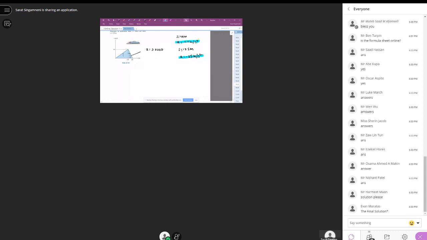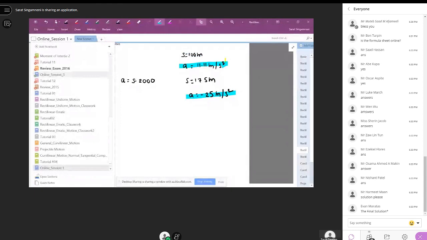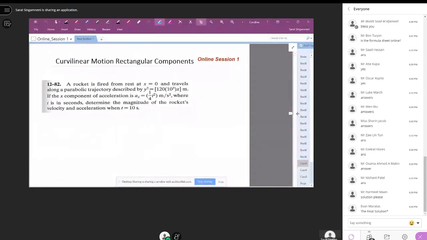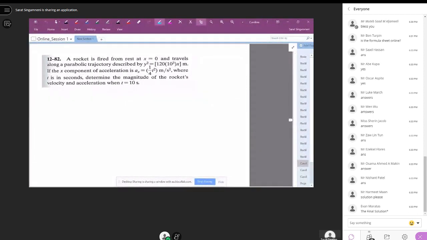Okay, I'm going forward. Let me solve this problem. A rocket is fired from rest at x equal to 0 and travels along a parabolic trajectory described by y squared is equal to 120 times 10 to the power 3 x meters.